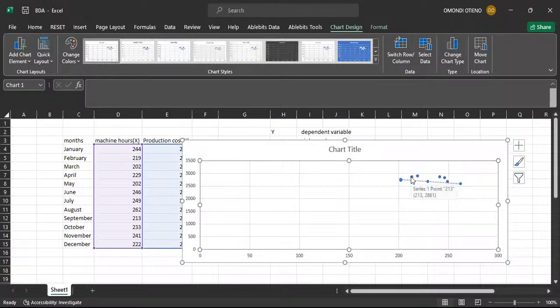If I move here, it is 213, 28, 61. So these dots here are what we now call the coordinates. That's the coordinates pair. It has got the value of X and Y. It starts with X and then we move to Y. Is it now clear?